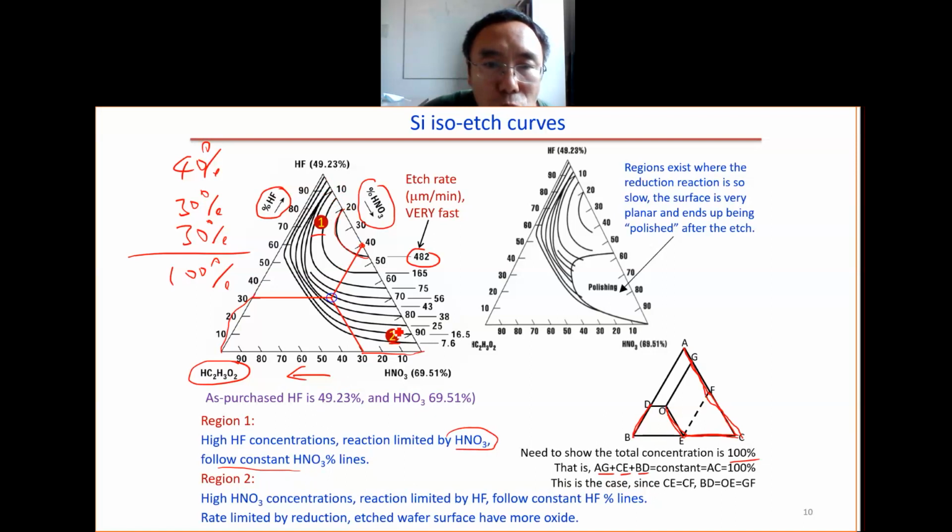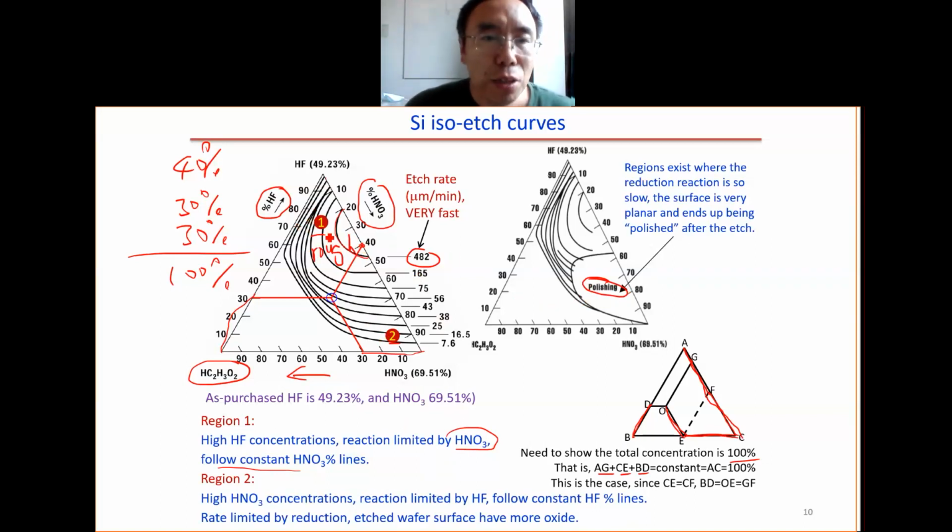For region 2, we have high nitric acid concentration, then the reaction will be limited by the hydrofluoric acid. These lines are horizontal and follow constant HF lines. In this region here, it is polished. In this region here, it is rough.